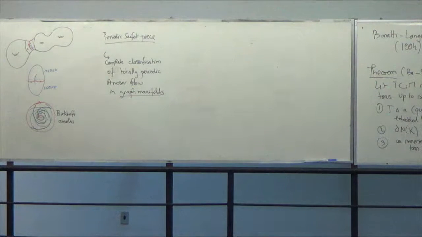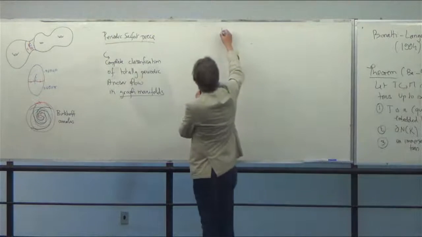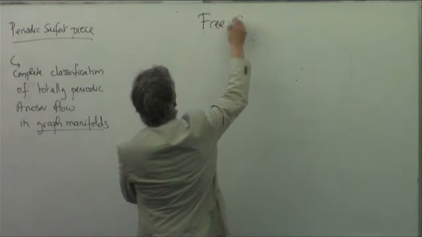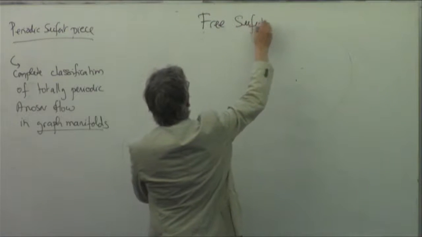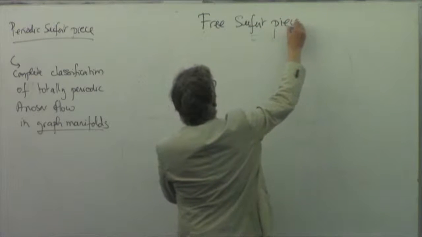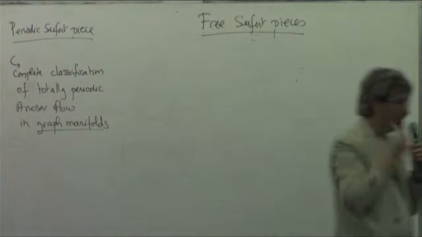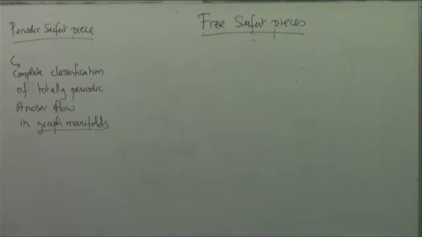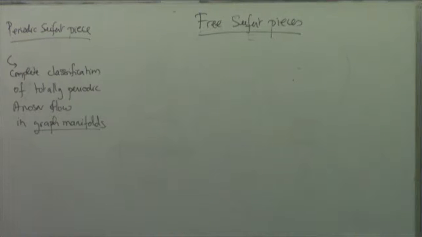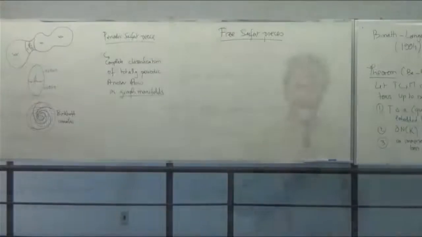It's the case of free Seifert pieces. So in this case, it is a paper of 110 pages in Geometry and Topology, and I hope there are not too many mistakes inside, but I think so.